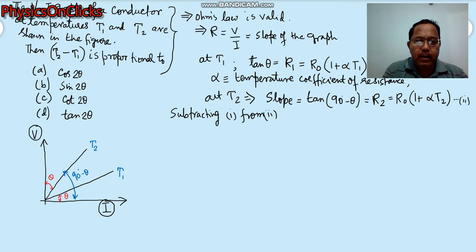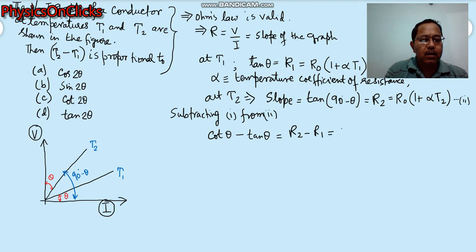So I will get R2 minus R1, that will be equal to, here tan 90 minus theta is cot theta, so this side it will be cot theta minus tan theta, and that side R0 times 1 plus alpha T2 minus R0 times 1 plus alpha times T1.